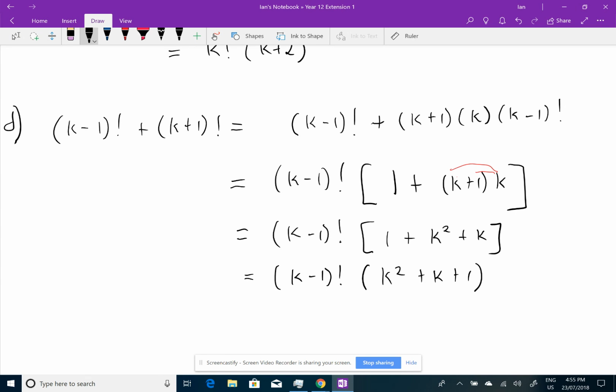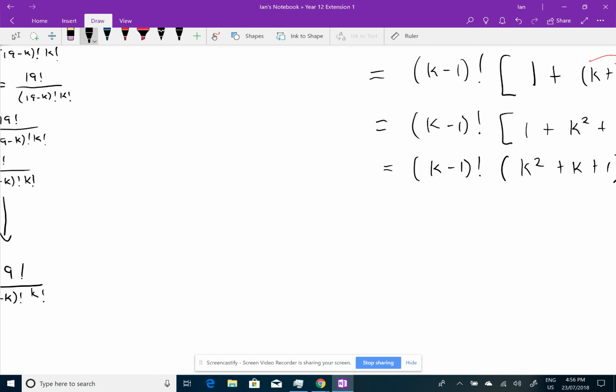Let's have a look at another one. And I'm trying to find one that has a negative. Let's go 10f. And what have I got? T factorial plus t plus 1 factorial.